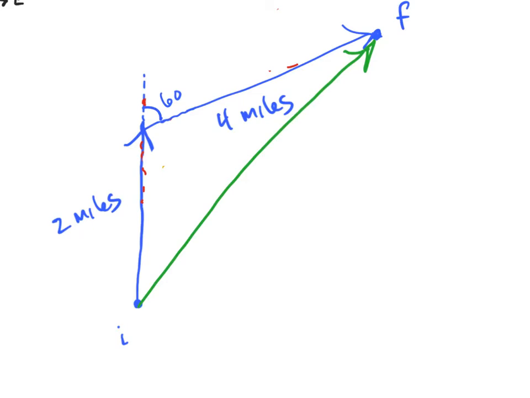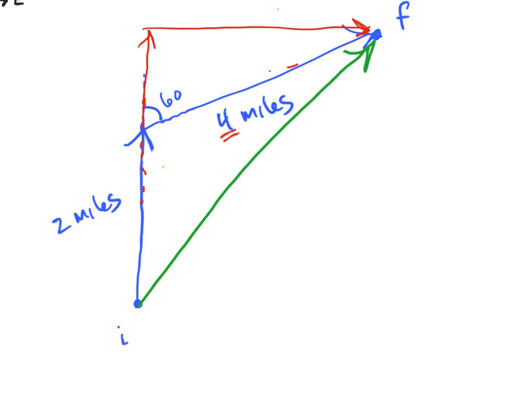The way I'm going to start, and you might not realize why yet, but it'll become clear later, is by taking the 4 and splitting it into components. The reason is that the 4 is neither entirely in the north, south, east, or west direction. There's a part of the 4 that's north, and there's also a part that's east. So I'm going to figure out how much of the 4 is north and how much is east.